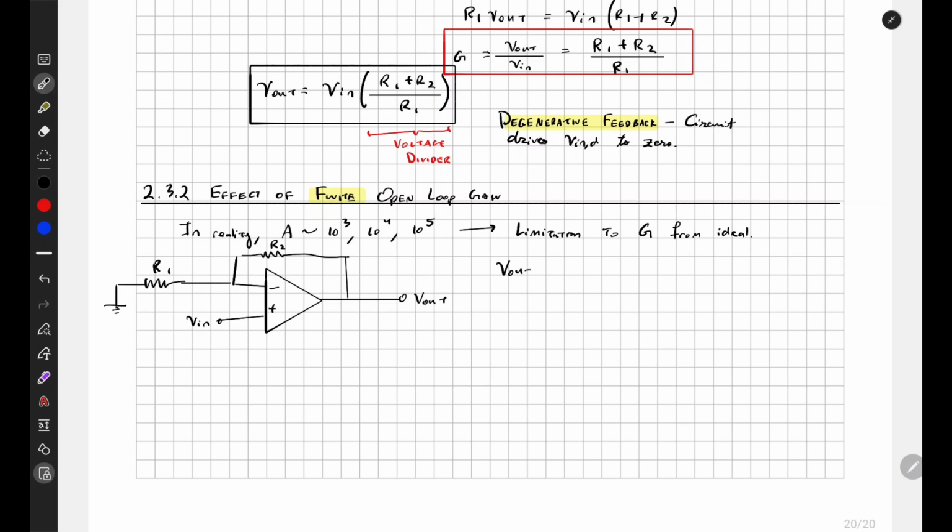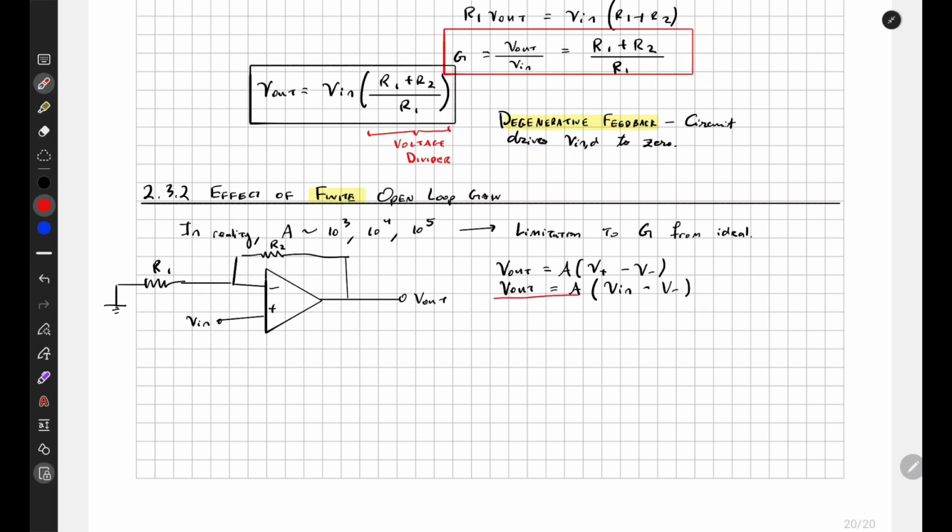From day one we said that V out, for just the op-amp basic equations, is equal to the open loop gain multiplied by V in D, which is actually V plus minus V minus. Now for this circuit, because V plus is V in, V out is equal to A times V in minus V minus.